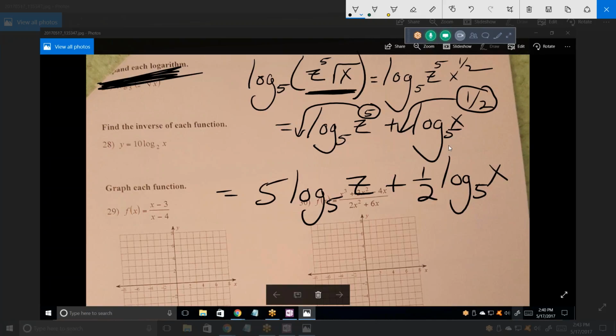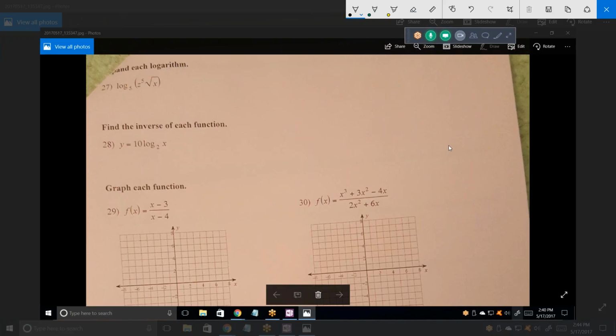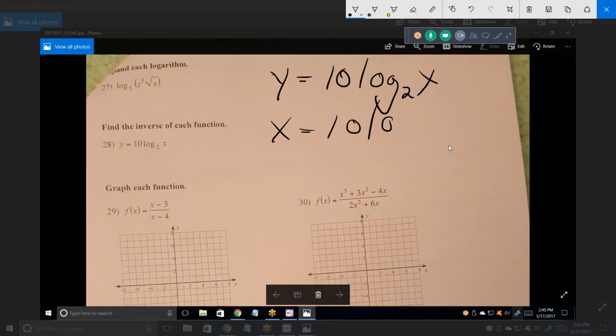All right. So the next one, find the inverse. What are the two steps? The first step, switch x and y. Now we got to solve for y. What should we do?